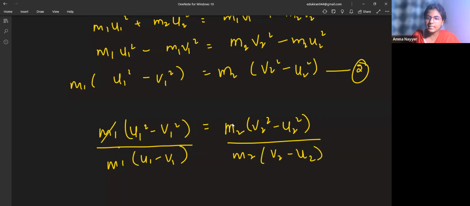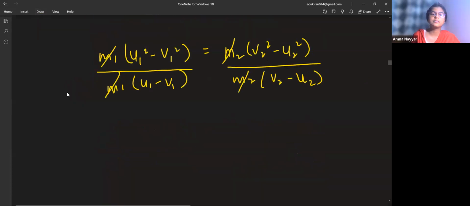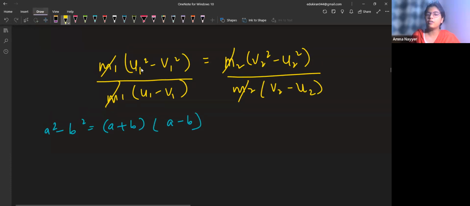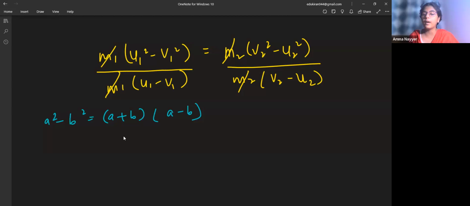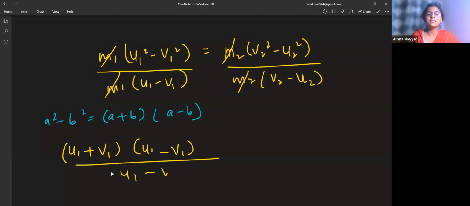So masses get cancelled. Now class, remember this identity: a square minus b square is equal to a plus b into a minus b. So we can put the same identity for this. U1 square is a square. So that becomes u1 plus v1 into u1 minus v1 divided by u1 minus v1.